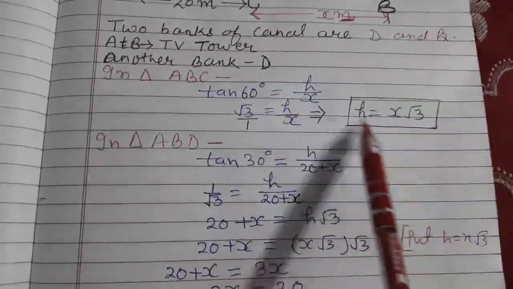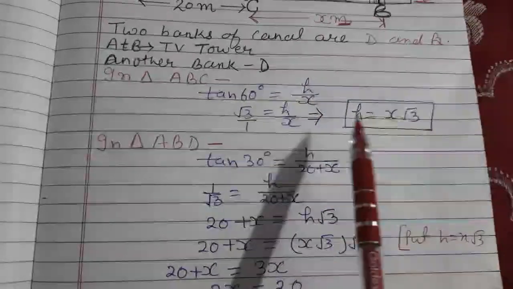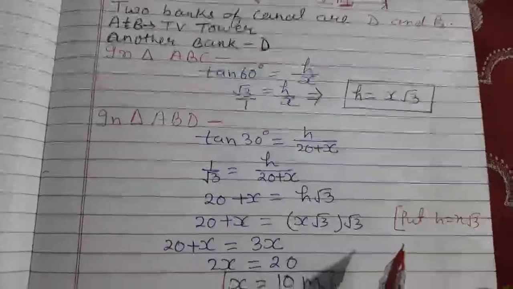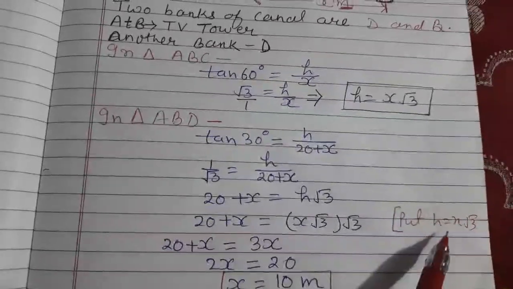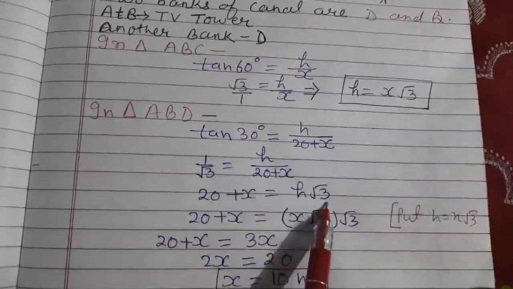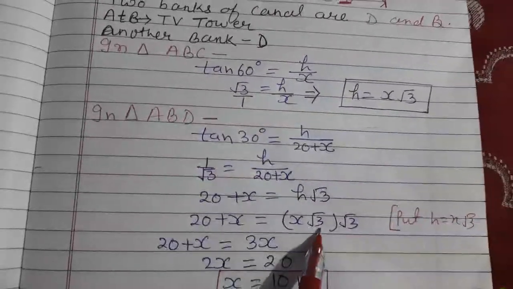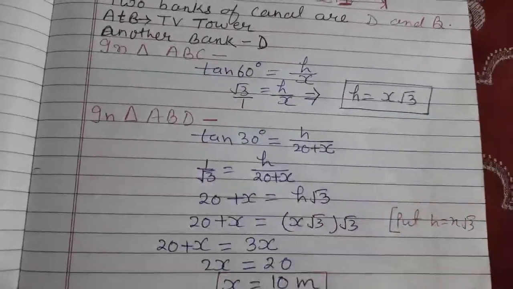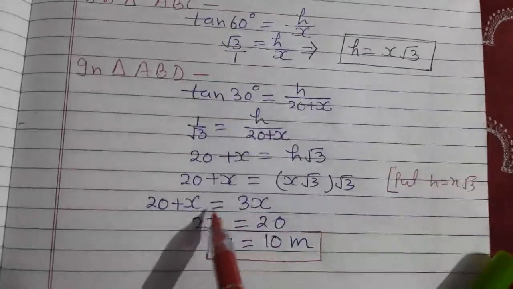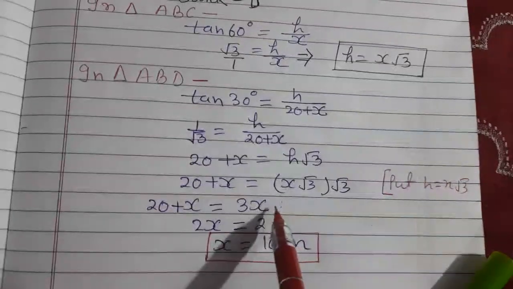And from the first triangle we got the relation H equal to X root 3. So now we are putting the value H is equal to X root 3 in this. So X root 3 into root 3, root 3 times root 3 will be 3, and this X goes to the right hand side.